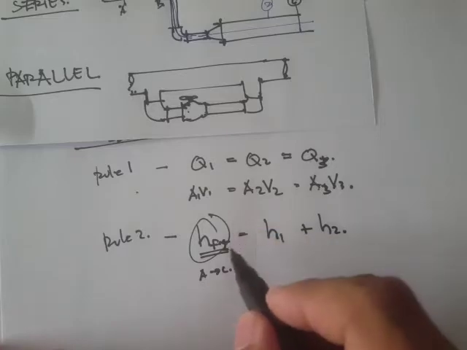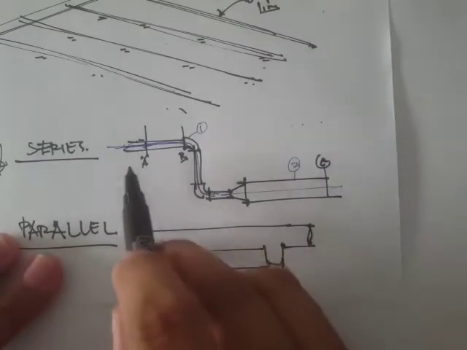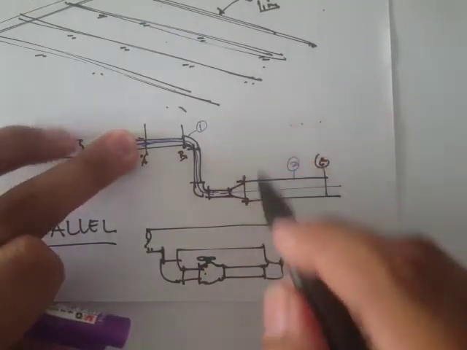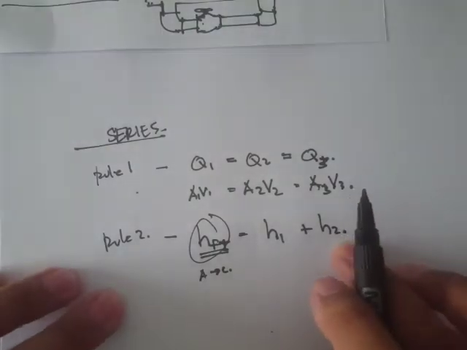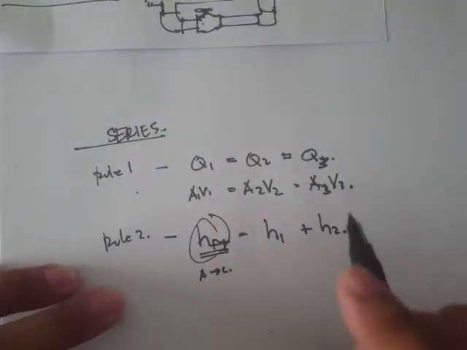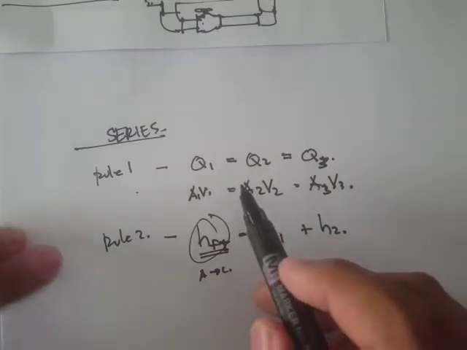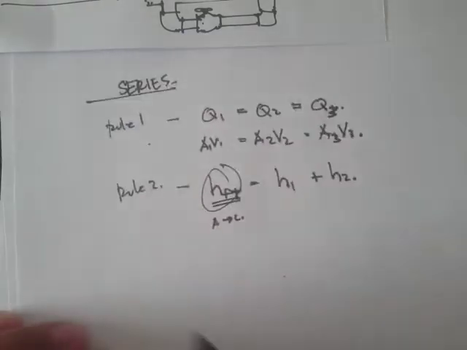Okay, so this is our total head loss: the head loss at 1 plus the head loss at 2. But in terms of flow rate, we have an equal flow rate for pipe 1 and pipe 2.